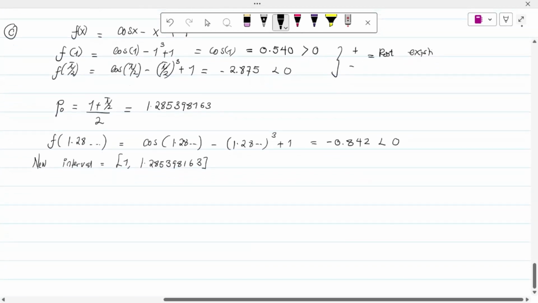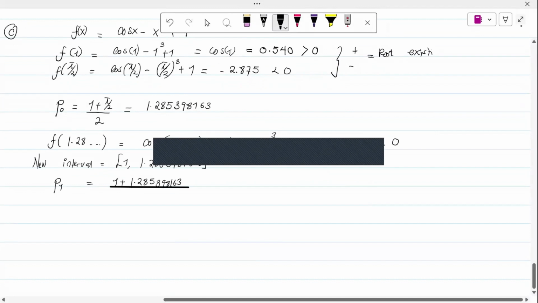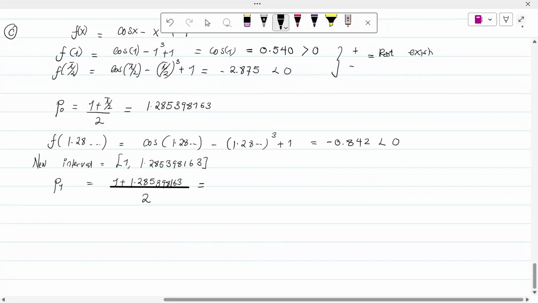Okay, now let's find P1. Okay, 1 plus that, divided by 2. So what is P1? 1.142699082.